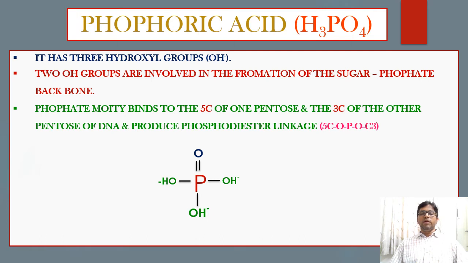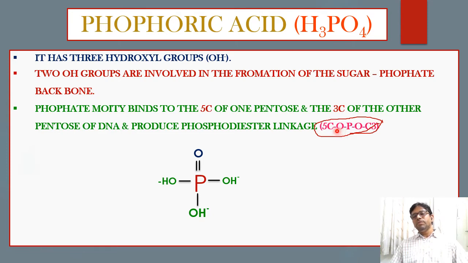Here you can see very clearly, this is the 5th carbon of one pentose sugar, and this one is the 3rd carbon of the other pentose sugar, and this is the phosphate moiety. An ester bond is formed between the 5th carbon of one pentose sugar and an OH group.